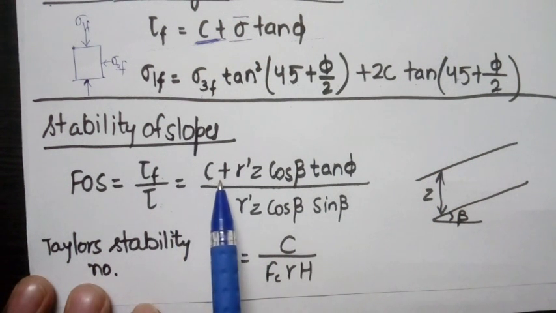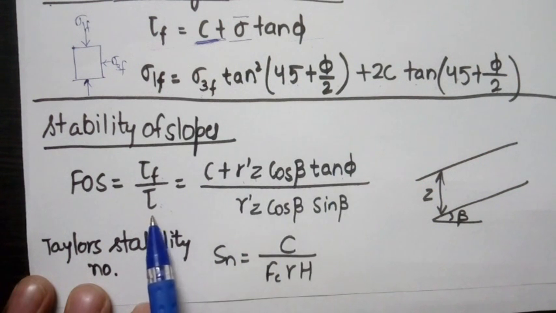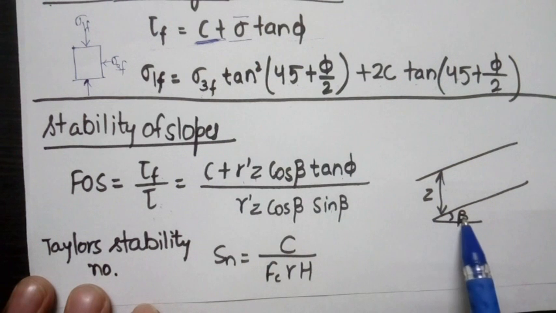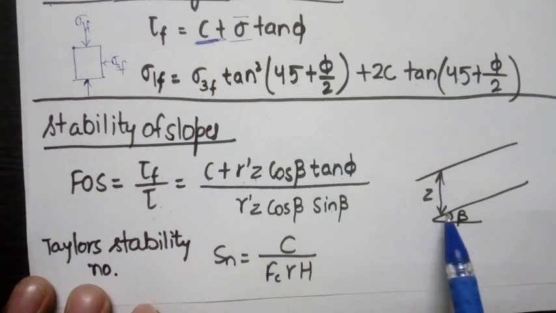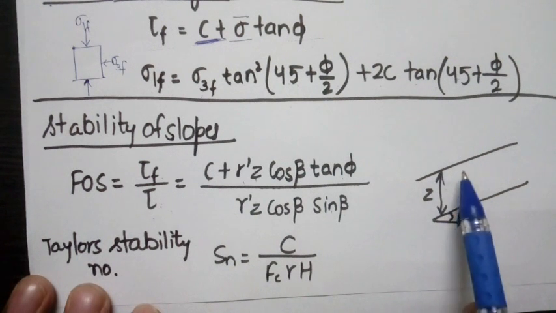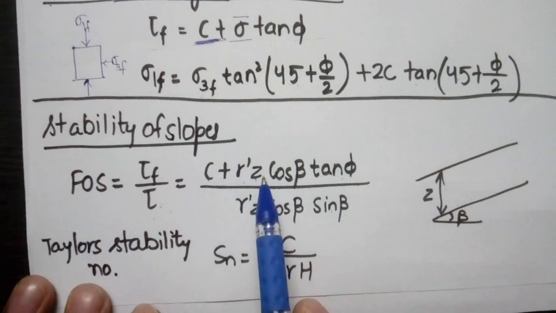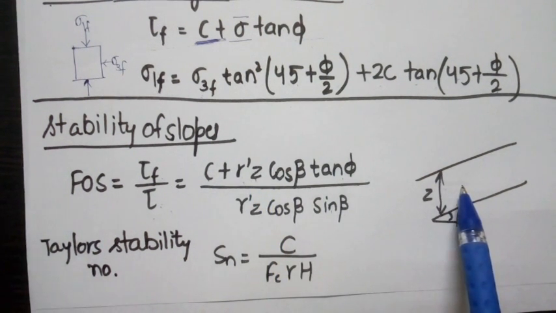This is equal to [c plus gamma dash z cos square beta tan phi] upon [gamma dash z cos beta sin beta]. In this, beta is the slope angle, z is the depth or we can say height of the soil, c is the cohesive strength of soil, and gamma dash is the unit weight of this soil.